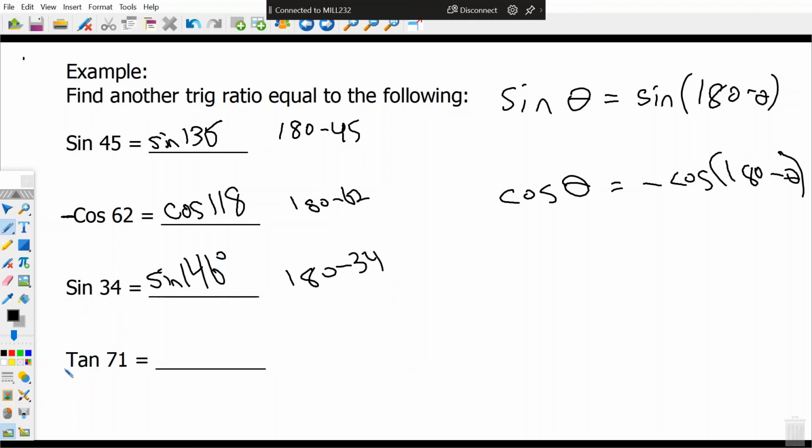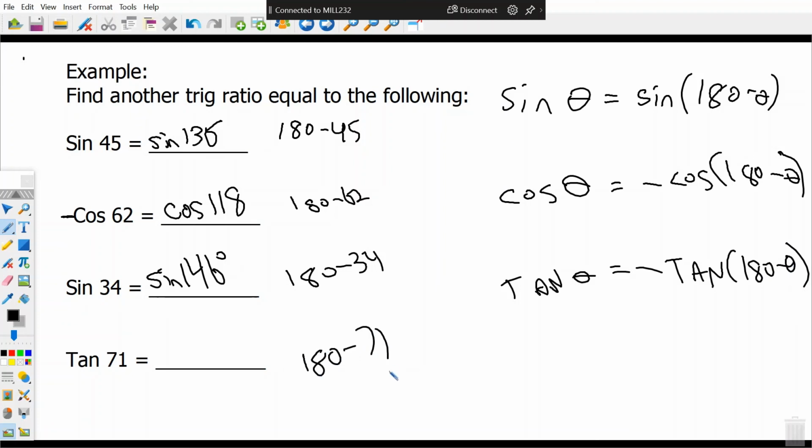And for tan, remember that tan is like cos, where it's the negative, the opposite of it. So 180 minus 71 is 109. So tan 71 is equal to negative tan 109. Okay.